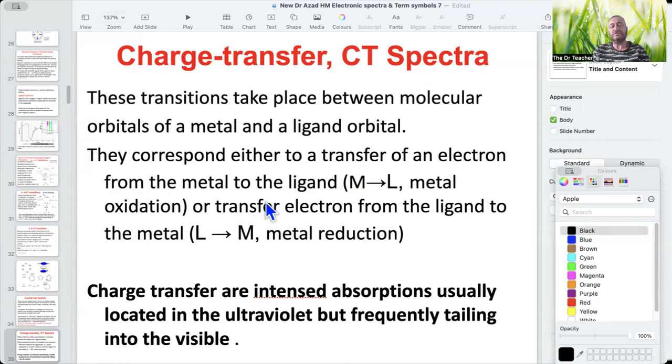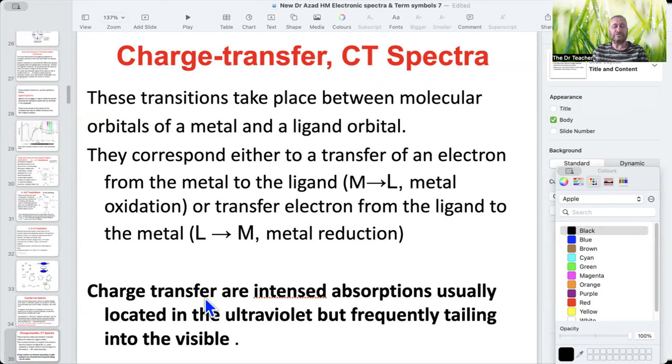From metal to ligand, M to L, is oxidation. Transfer of an electron from the ligand to the metal is reduction. So the metal will be reduced if it accepts charge from the ligands, and the metal is oxidized if it loses electrons to the ligands.